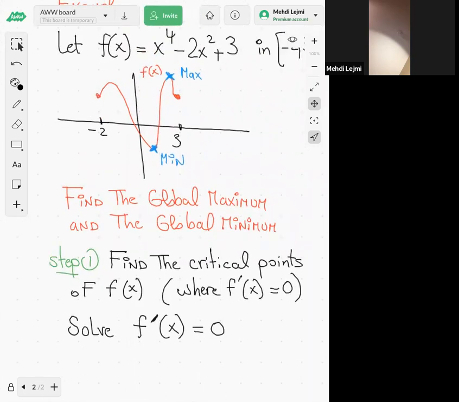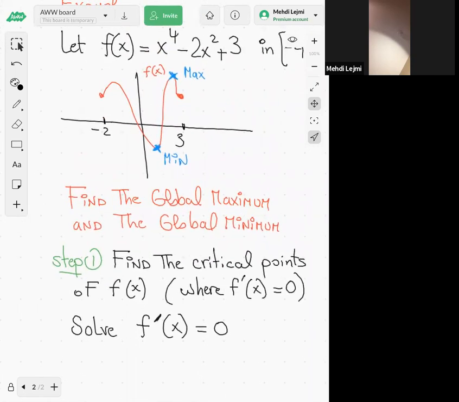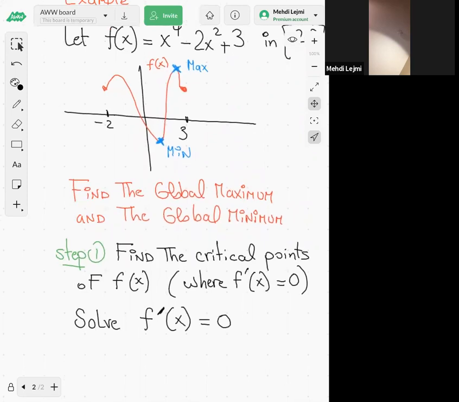So then what's f prime of x? Well, it's x fourth, so that will be 4x cubed, minus 2.